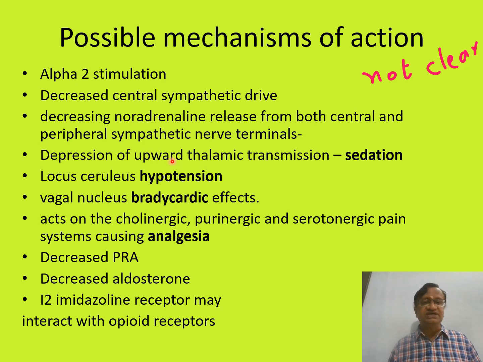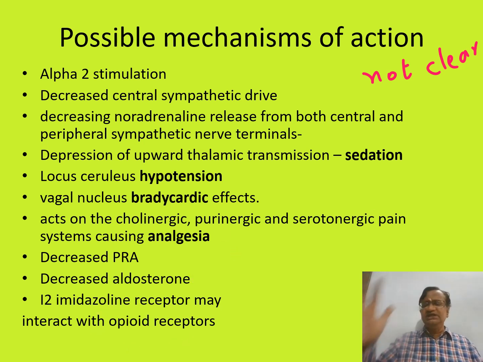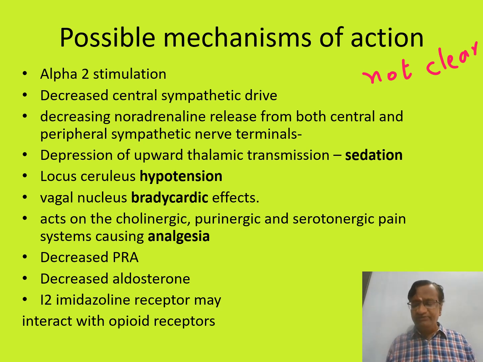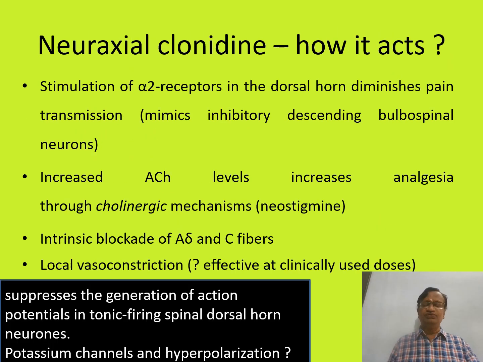There may be locus coeruleus induced hypotension, vagal nucleus, cholinergic, purinergic analgesia, aldosterone, interaction with opioid receptors. What all these mean, probably we are not very clear about the clear-cut action of clonidine. Probably alpha 2 stimulant, central sympathetic drive decreases, analgesia, sedation, and bradycardia.